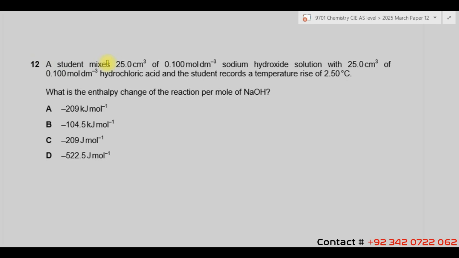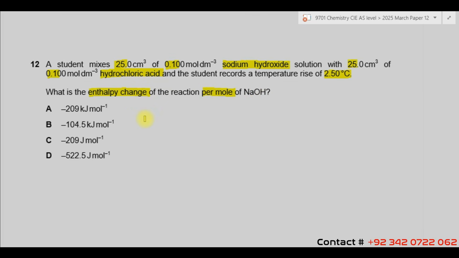Question number 12. A student mixes 25 cm³ of 0.1 mole per decimeter cube sodium hydroxide with 25 cm³ of 0.1 mole per decimeter cube HCl and records a temperature rise of 2.5 degrees Celsius. What is the enthalpy change of the reaction per mole of sodium hydroxide?